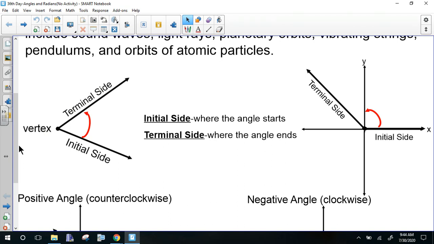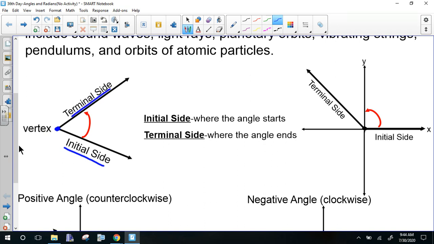So here we have an angle that is not on a coordinate plane. And we have the vertex, of course, which is where the two rays or the sides of the angle connect. And an angle has an initial side and a terminal side.